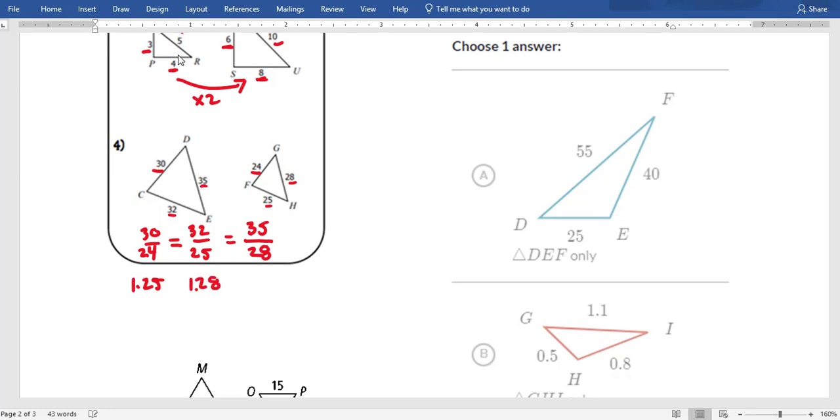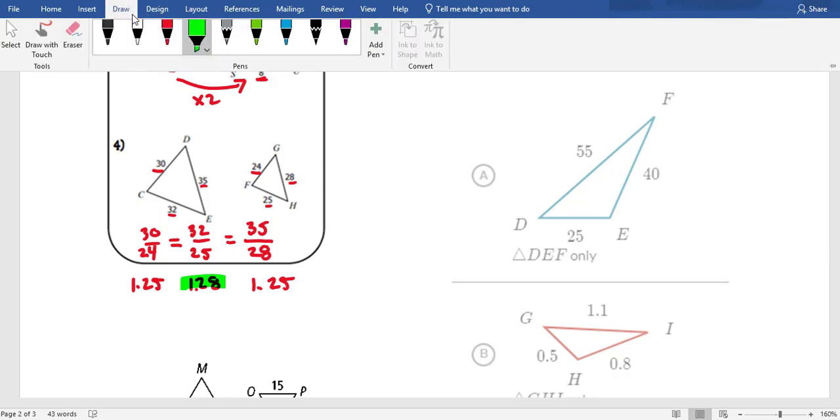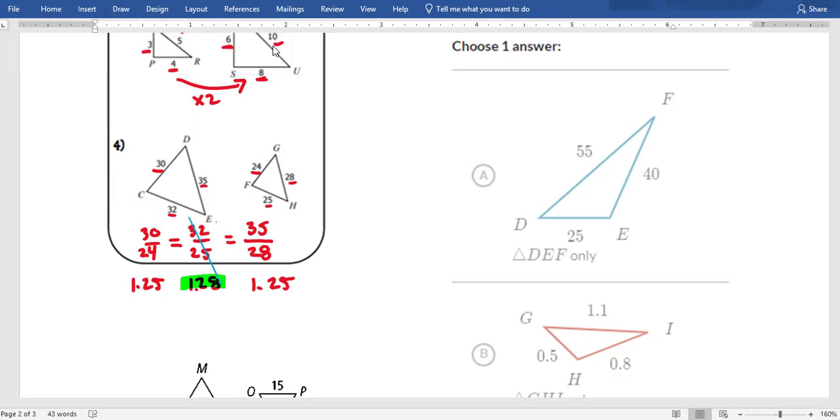Uh-oh, those two aren't the same. And 35 divided by 28, well, that's 1.25 again. But notice that the middle one wasn't the same. This 1.28 is different. That means this is not proportional. These sides are not proportional, so these are not similar.